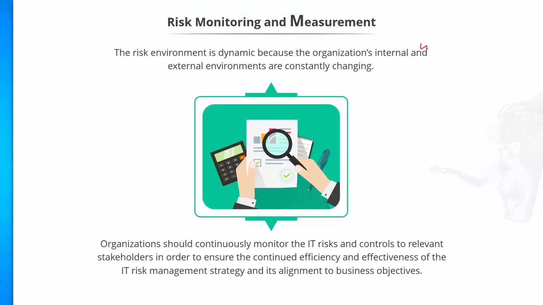For example, I am diabetic. I started taking medicines, but it doesn't mean that I will stop bothering about it. I have to monitor it regularly, take the measurements, and take the steps to ensure that it stays within control. The risk environment is dynamic because the organization's internal and external environments are constantly changing.